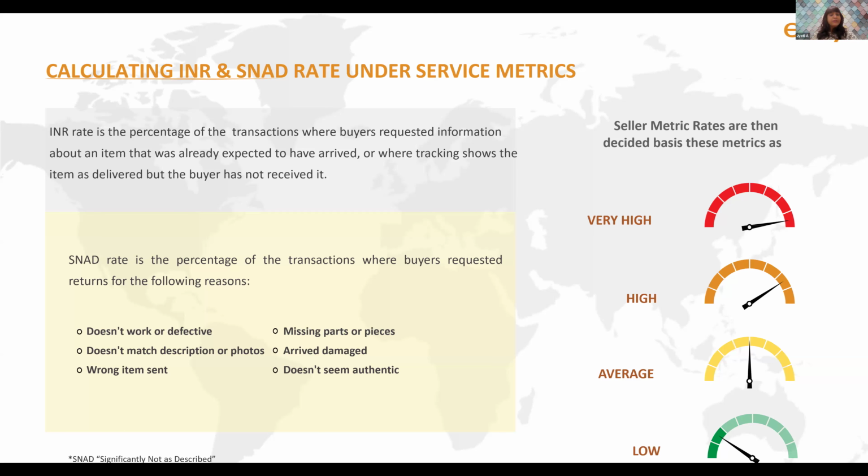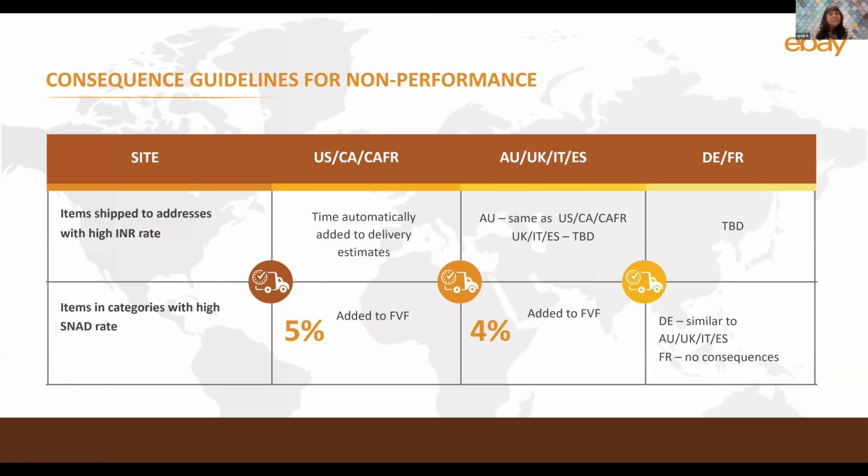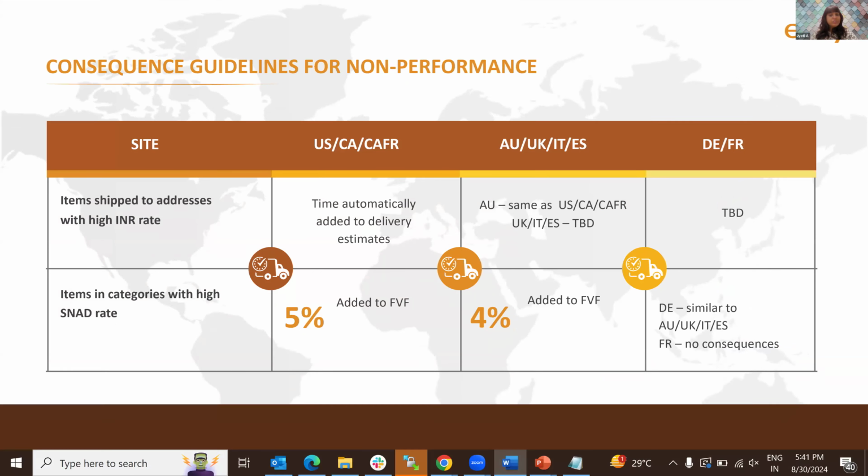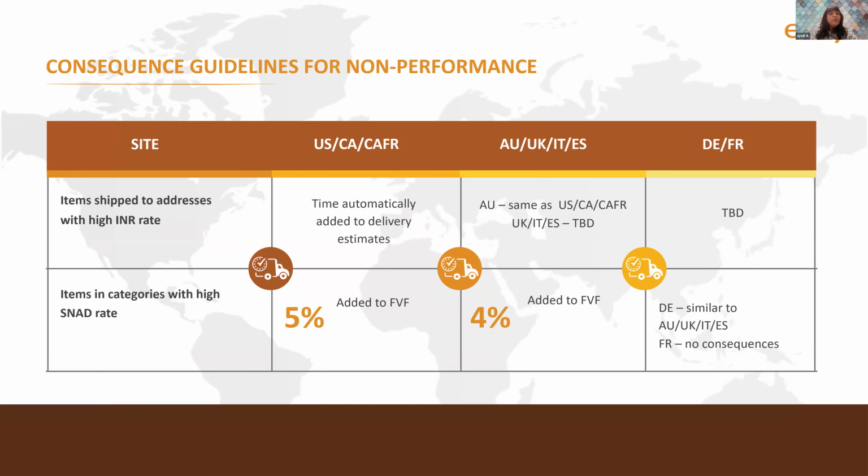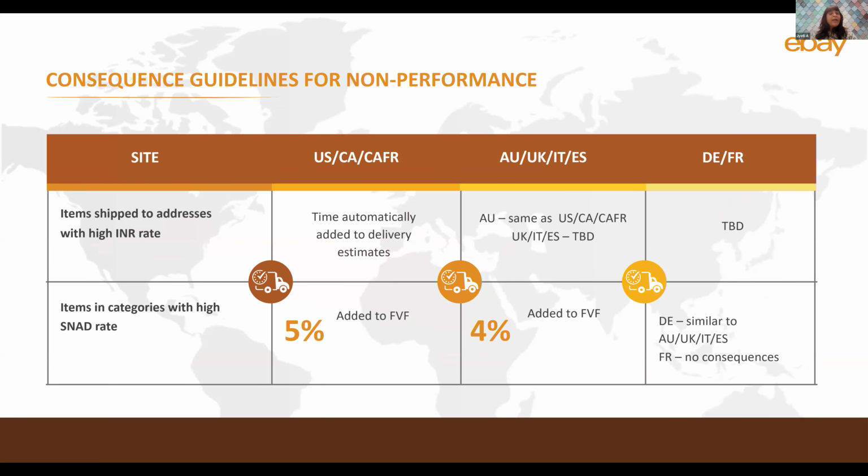Not meeting the service metrics in comparison to your peers can put you at a high risk of getting consequences for non performance. The consequence guidelines are for items listed in categories that have been assessed as very high. For item not received rate, eBay will automatically add to the delivery estimates.